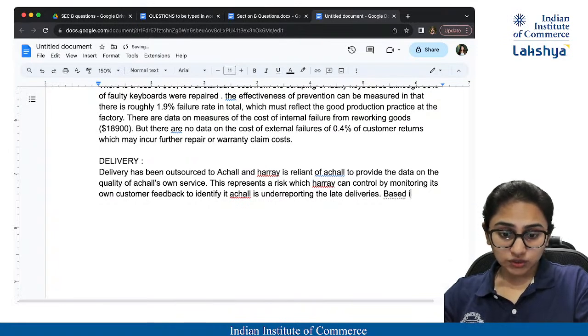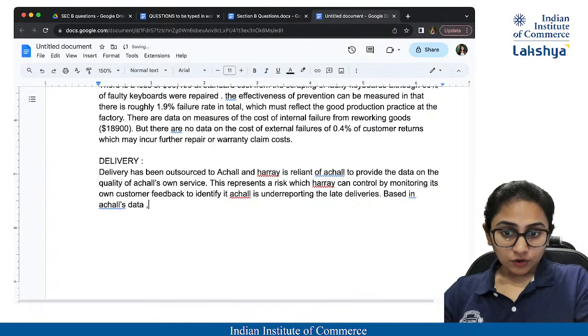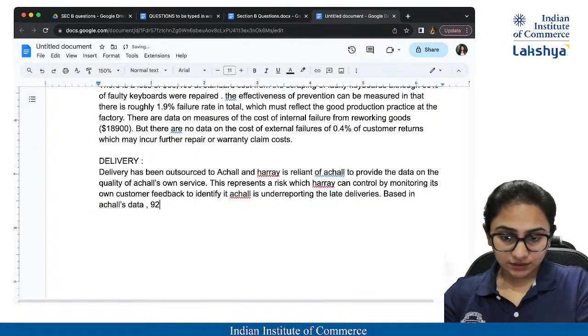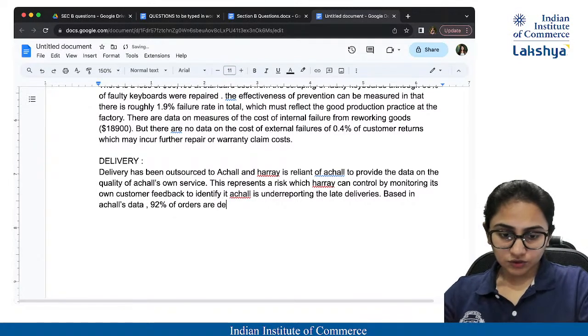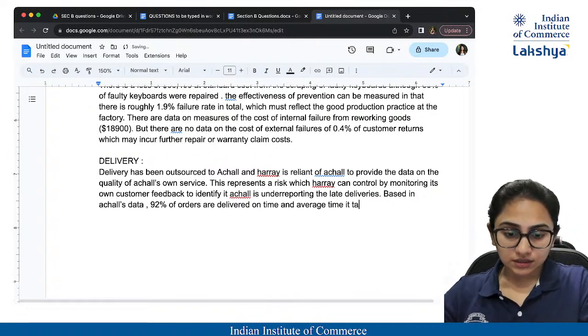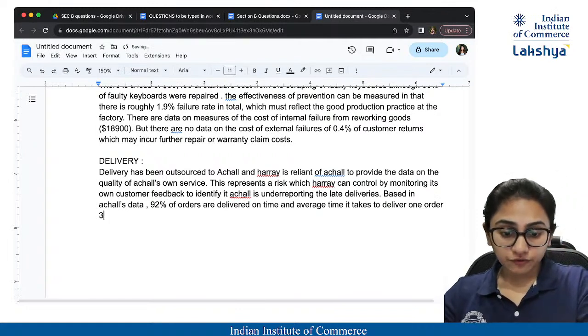So based on Achel's data, we already calculated 92% of orders are delivered on time, and the average time it takes to deliver one order is 3.39, that is 3.4 days.